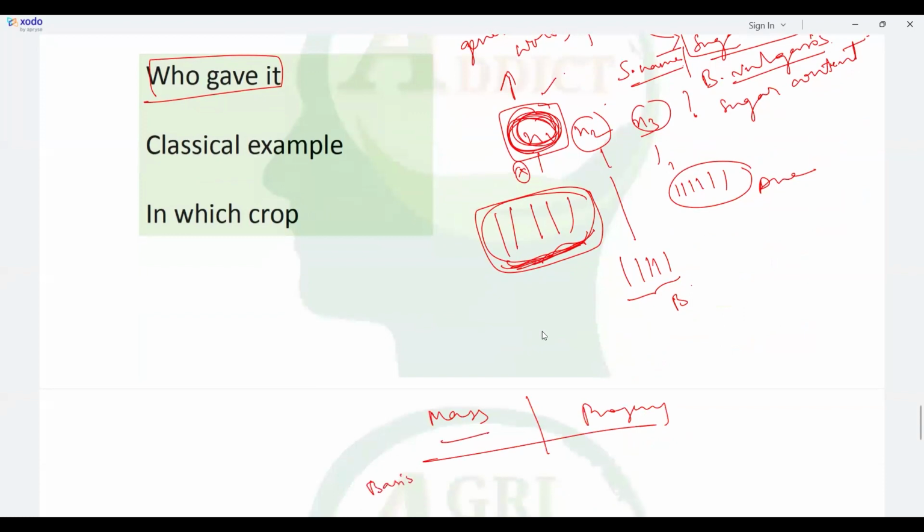In mass selection, what is the basis? Phenotype. And in case of progeny, performance of progeny. Yeah, it is based on the performance of your progeny. Okay. And this is the main difference. What is the basis of mass selection, and what is the basis of your progeny selection? Okay.